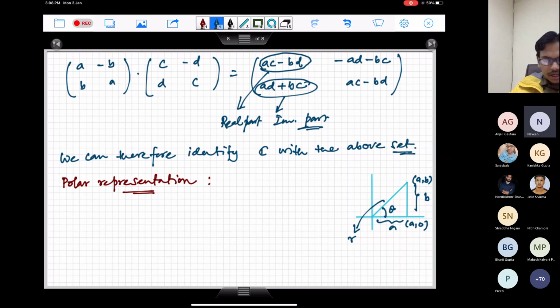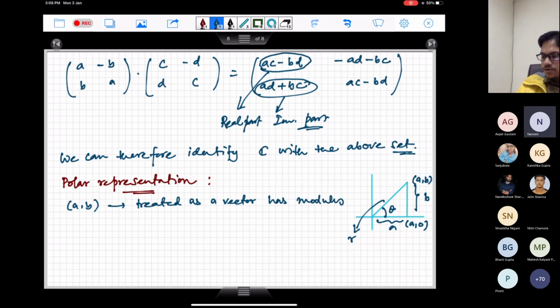Okay, so what do you mean by modulus? By modulus you just mean distance from the origin, right? So we take a and b, and this one is treated as a vector. What is its modulus? As I said, the modulus is the distance from the origin, and this is nothing but the square root of a square plus b square, right? That's the modulus of the complex number a plus ib.